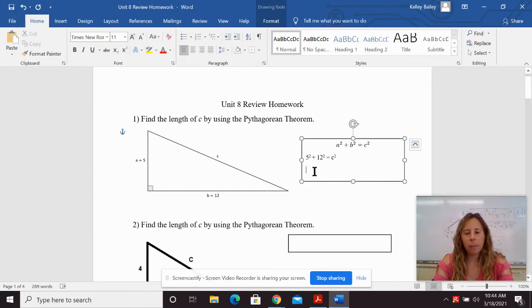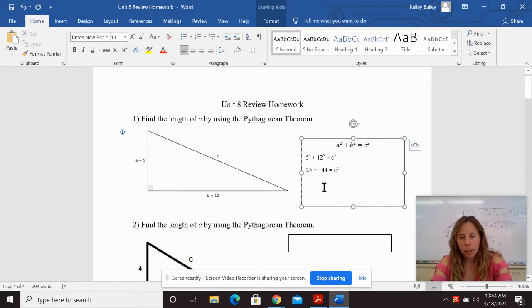Now we're just simplifying. 5 squared, 5 times 5 is 25, plus 12 squared, that's 12 times 12, 144, equals c squared. You're going to add these up, so you have 25 plus 144. You get 169 is equal to c squared. And then your last step, don't stop here. You're not done.